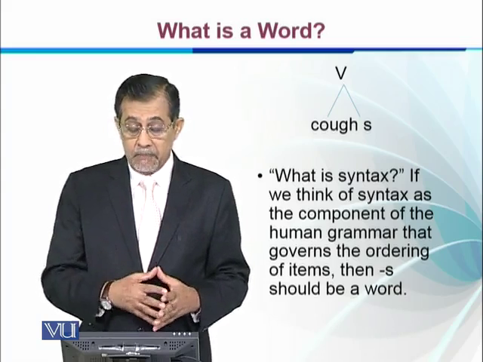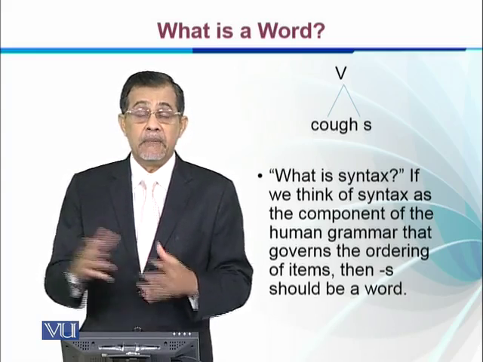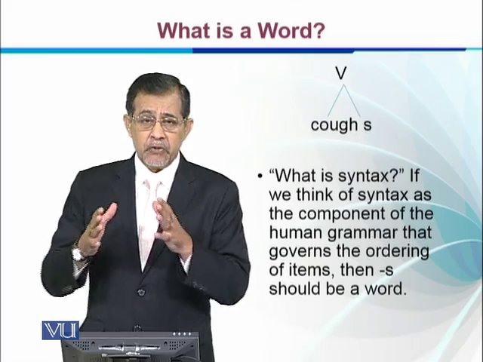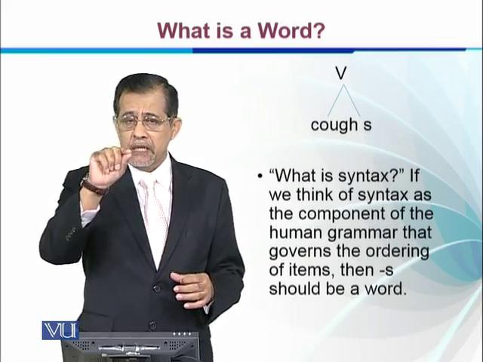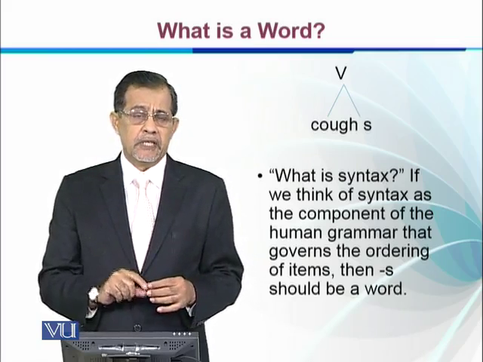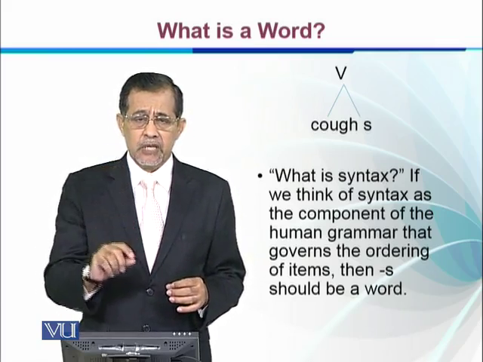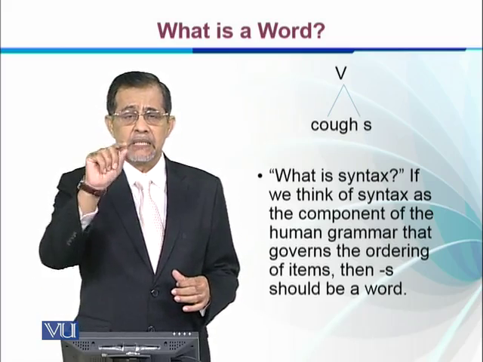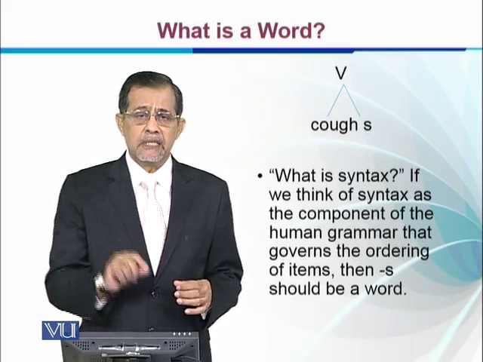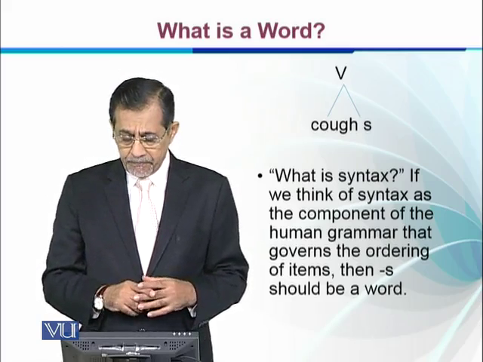We cannot put s before cough and make a correct sentence. So it means that if syntax studies the smallest unit of the sentence, then s is a word, because the smallest unit of syntax is a word, right?